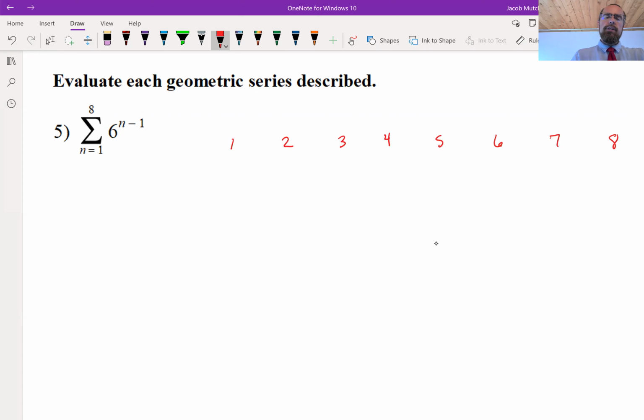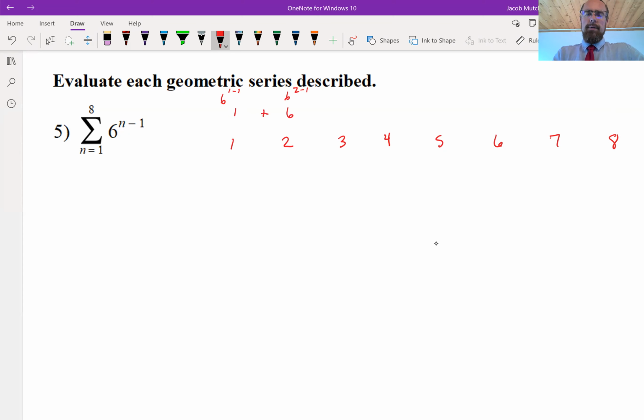And if I were to calculate some of these values, I'd start by taking the explicit rule, 6 to the power, instead of n, I'll write 1 minus 1. So that's 6 to the power of 0, or 1. So my first term is 1 plus 6 to the power of 2 minus 1, which is going to be just 6.